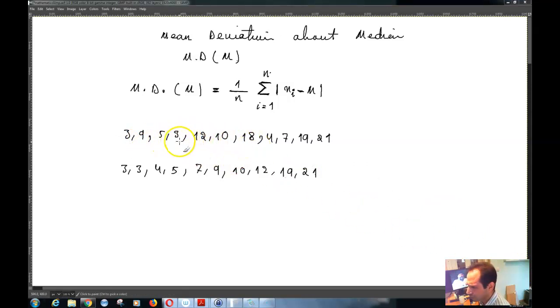So you have 3 twice, and then 4 and 5, and then 7, and there is no 9 here. You have 10, 12, 18, 19, 21.